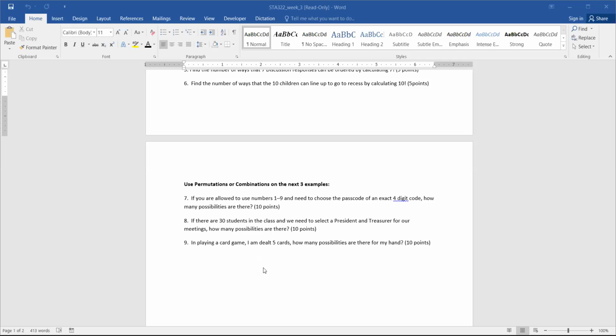So if we look at being able to duplicate, when most of the examples you saw we are not replacing, we cannot duplicate things in that same combination. But in license plates, we can. We go from AAA to ZZZ.